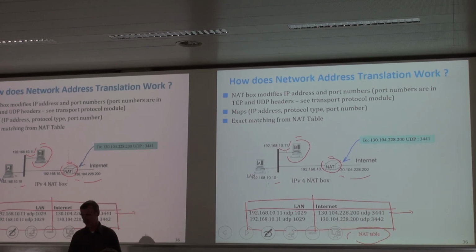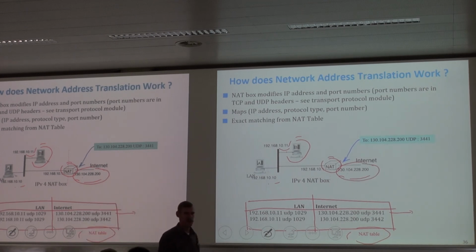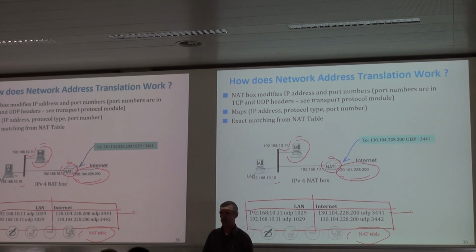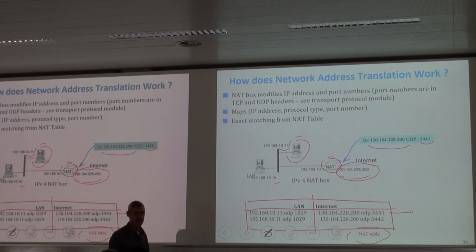So the reply is going to B. But of course, in the IP header, you don't see the IP address of B because it's a private address. What you will see is the IP address of the NAT, sometimes called the WAN side of things, so the WAN, wide area network, the WAN address of this installation. This one. Then it will have a UDP port number, 3441.